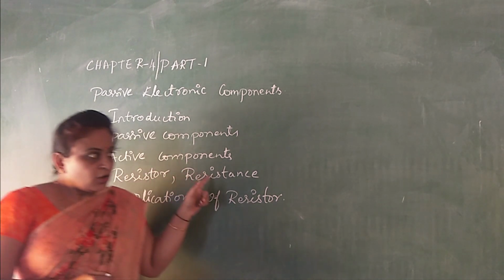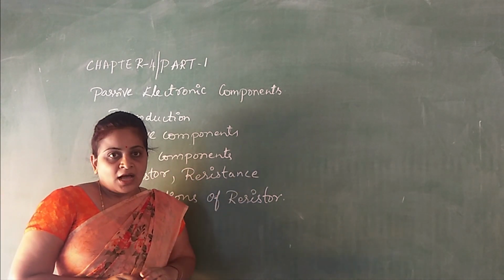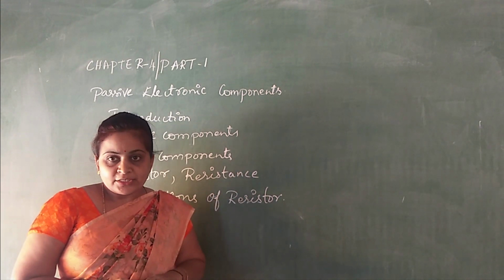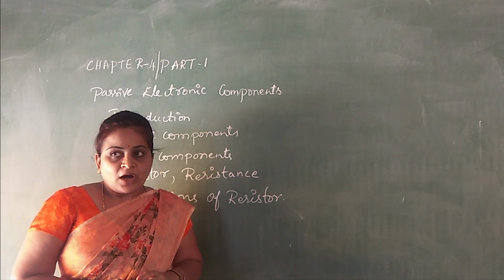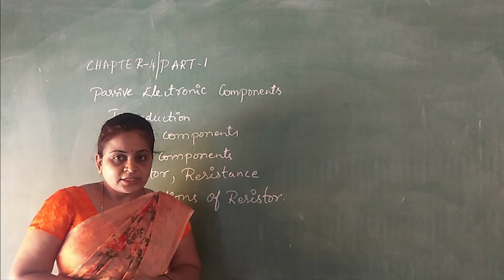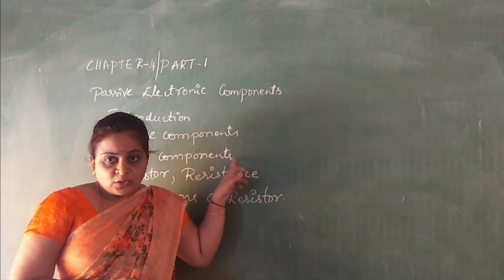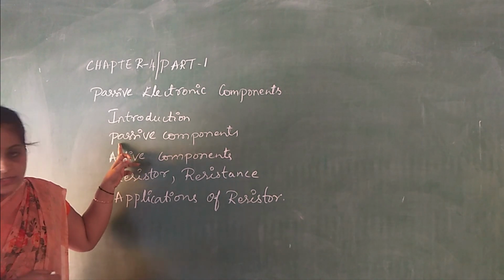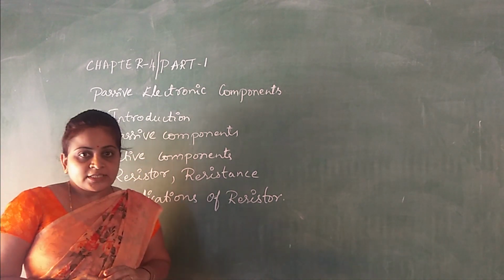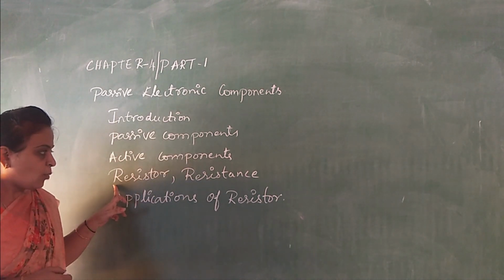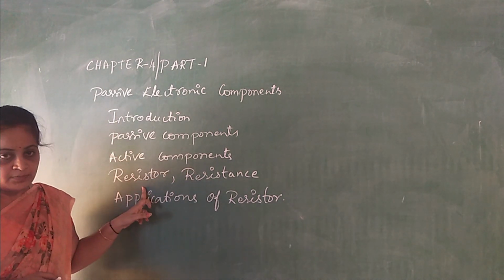They can also rectify, amplify and change one form of energy into another form. Examples: semiconductor diodes, transistor, Zener diode, SCR, etc. In this unit we majorly focus on passive components. First passive component is resistor.